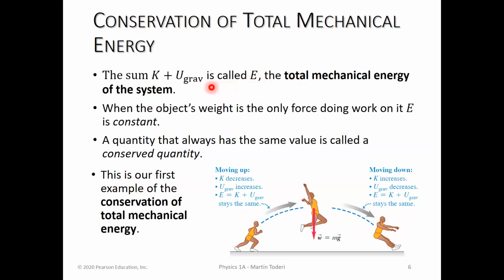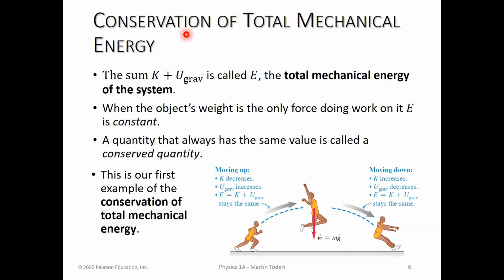Is that clear? Any doubts about that? Any questions, concerns? We will see that this is pretty useful when solving problems. So we can say that the kinetic energy plus the potential energy is called the total mechanical energy of the system.